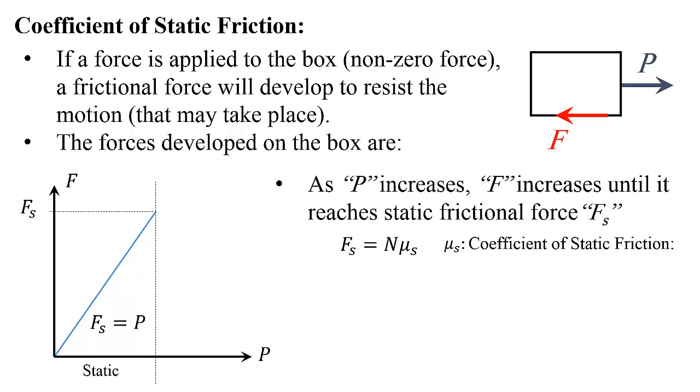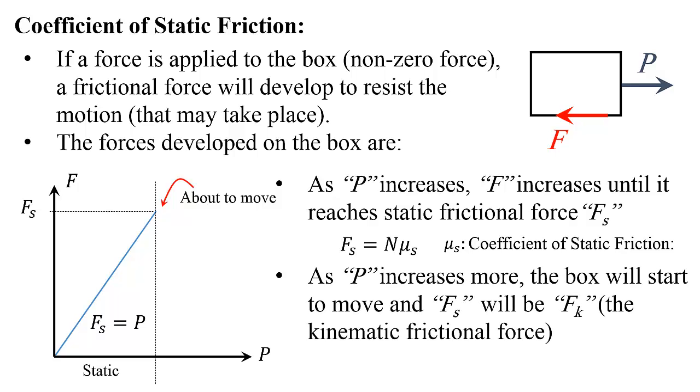As P goes from 0 all the way to where it reaches a value of Fs, no movement takes place. So I'm at the edge of movement. If I keep increasing P, I will have a movement.